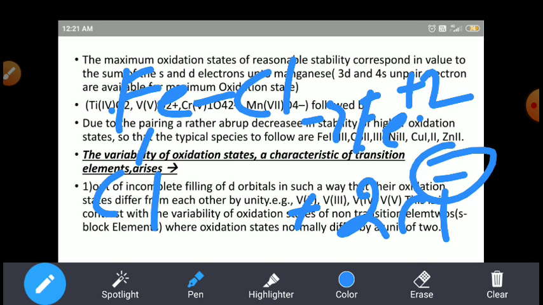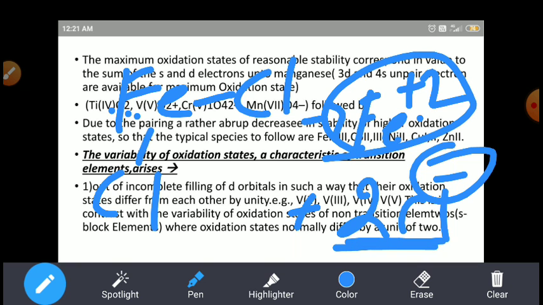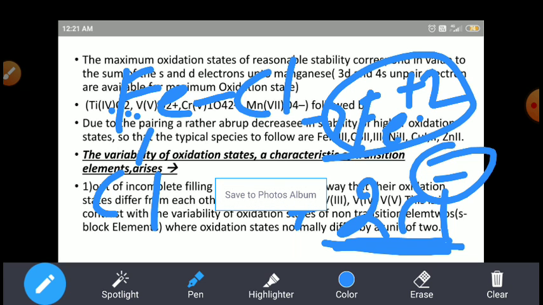The unpaired electrons present here participate in chemical bonding with some other species, and these are metals. So they lose electrons, donating electrons to some other species, and then they develop a charge. It means that electrons are moved to some other species like chlorine, oxygen, and so on, right?